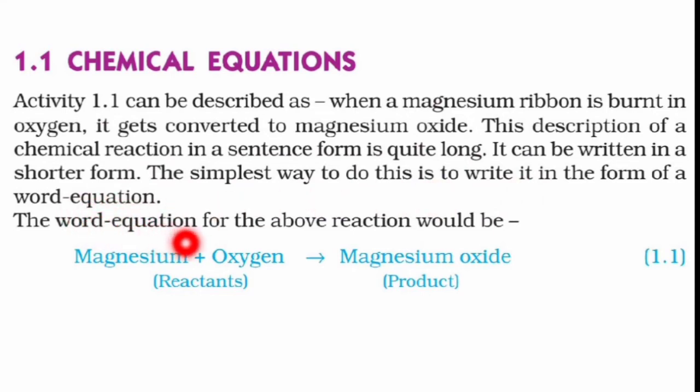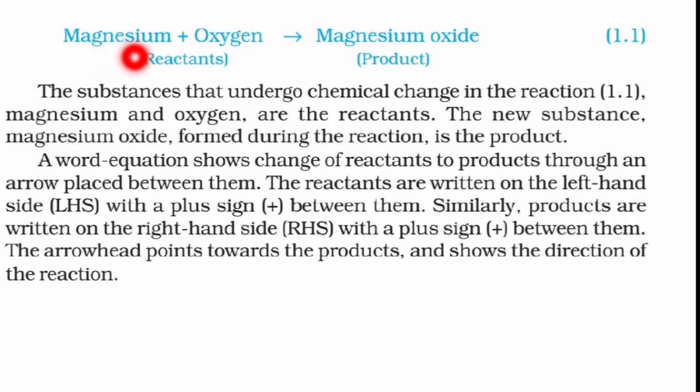The word equation for the above reaction would be, magnesium plus oxygen, these are reactants, which give the product magnesium oxide. So when magnesium is burnt with oxygen, the product we get is magnesium oxide, and this is a chemical equation.